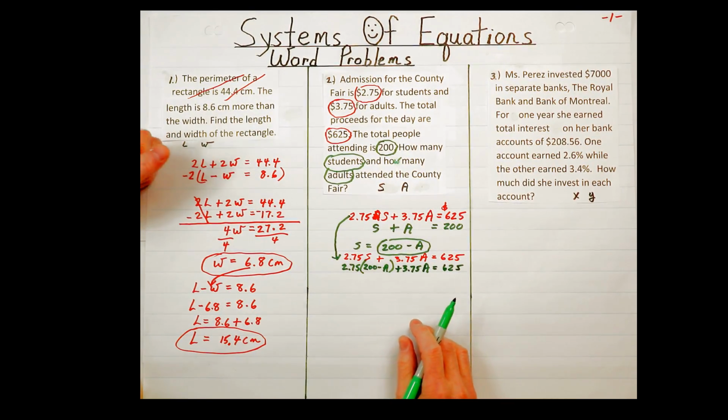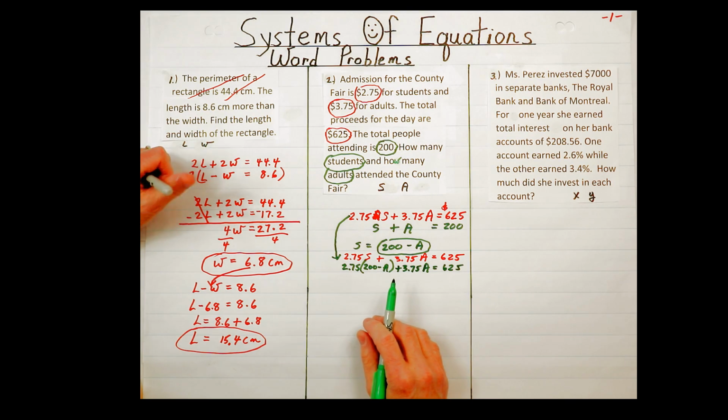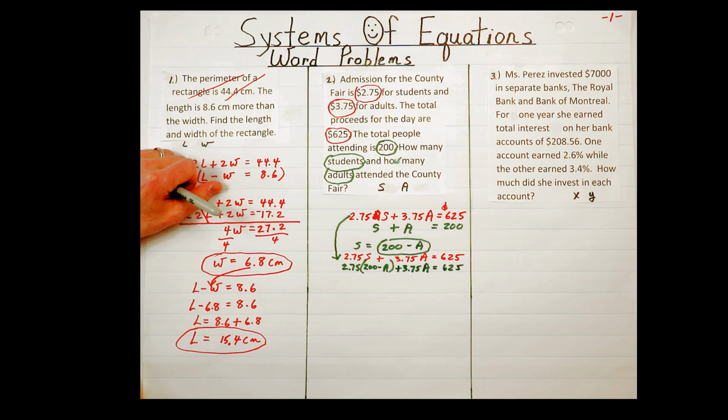At this point in time, I can say that it's straightforward to solve it because it only has one letter. So I'm going to make sure that I get my multiplication right today. Whoops. 2.75 times 200 is 550.